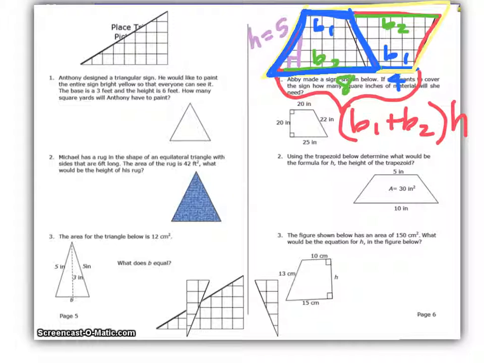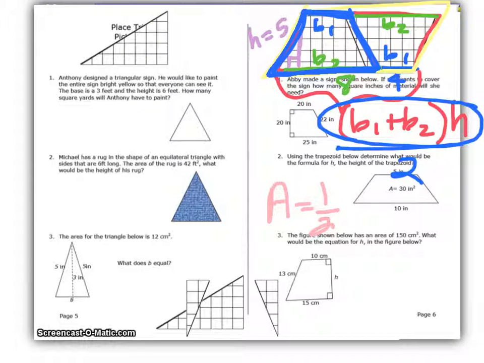So if I wanted to find the area of that trapezoid, I just have to take the area of this parallelogram here and divide it by 2 or multiply it by 1/2. And that's where we get that formula. Area of a trapezoid equals 1/2 times my B1 plus my B2 times my height. This part right here is where I get that parallelogram, and then the half is what gives me the trapezoid.